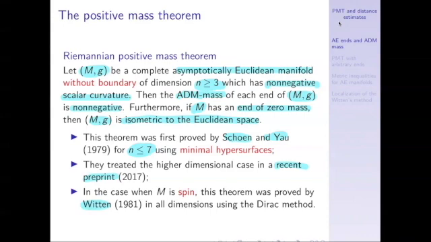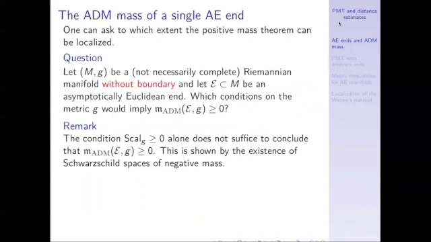So in this case, you have no dimensional restriction, but of course, you require the manifold to be spin. Note that the ADM mass of a single end is defined by computing a certain limit of a quantity which is defined within the end itself.